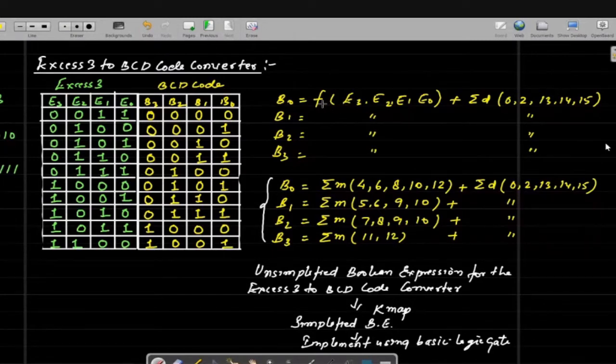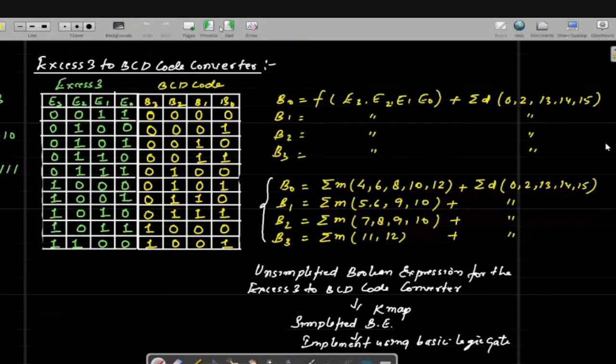So in that case, to simplify using the Karnaugh map, we require a 16-cell K-map, or the 4 variable K-map, and more specifically the 4 variable minterm K-map, to get the simplified Boolean expression corresponding to B0, B1, B2, and B3. Okay, let's draw one minterm map.